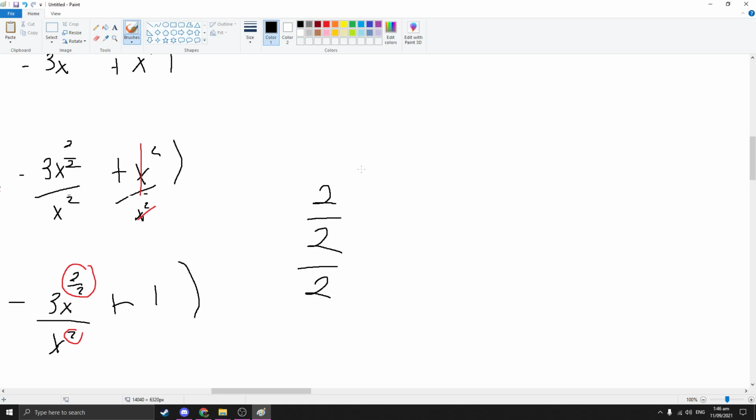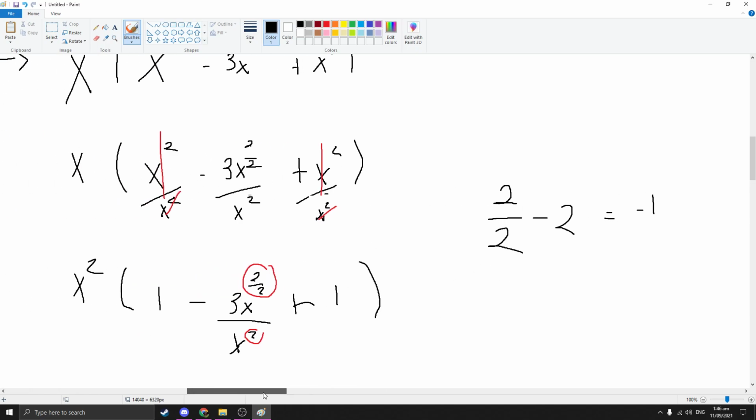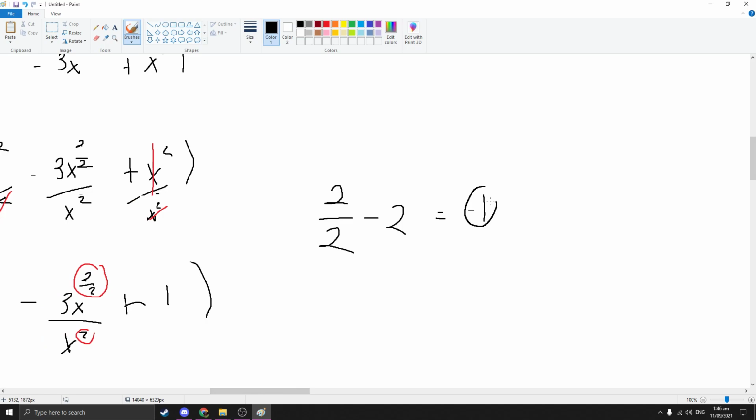Tapos, ang next step kung gagawin natin is i-multiply natin siya, hindi pala i-multiply, sorry. I-minus natin sa 2. Itong denominator ng dalawang to is i-minus natin. So, 2 over 2 minus 2 is simply negative 1. So, yun. Negative 1 na siya.